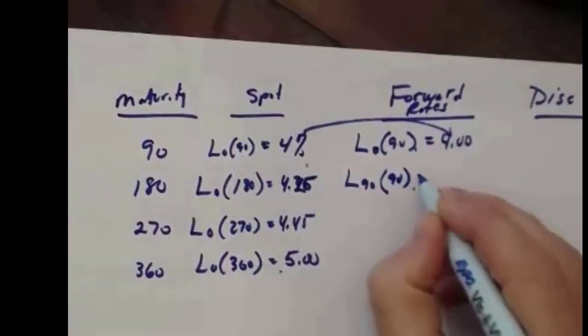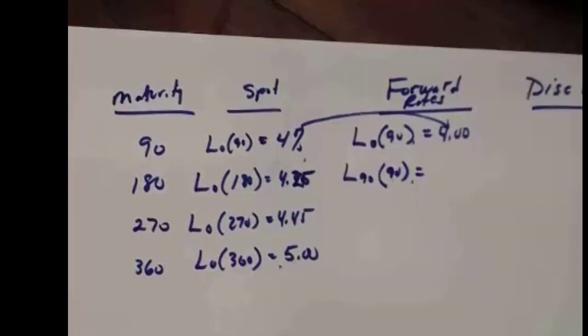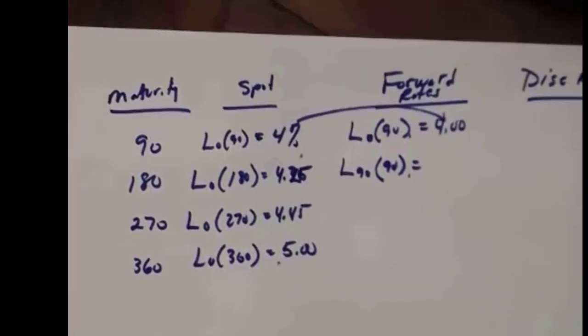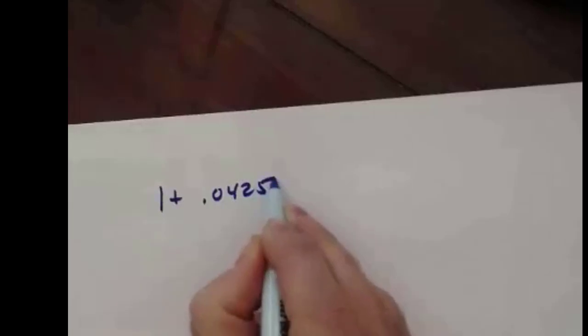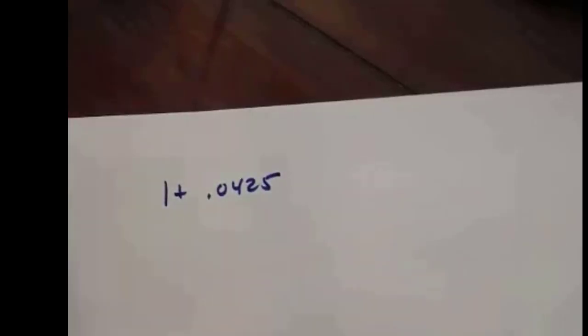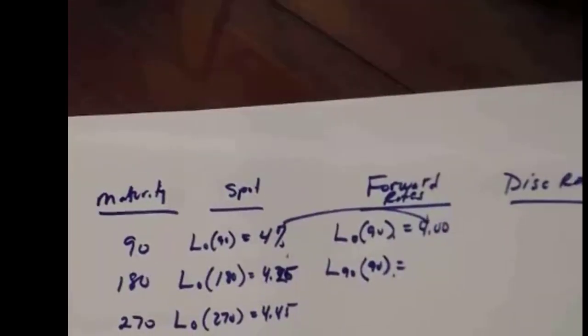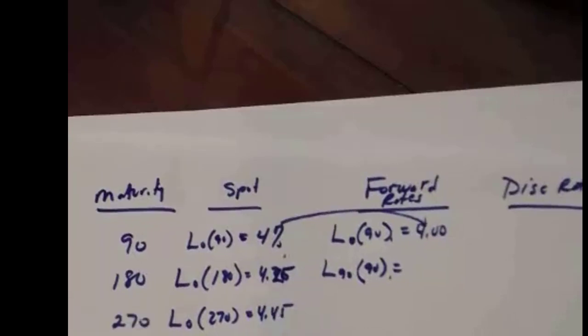The forward rate covers a 90-day period. So how do we do that? Well, let me get another piece of paper to write this out. We're going to take 1 plus the 0.0425. That's the spot rate for 180 days here, this 4.25%.